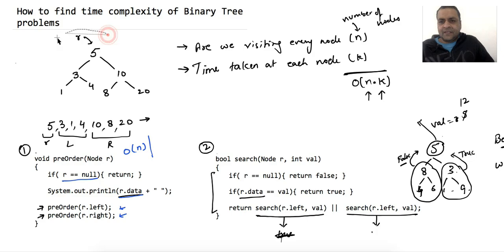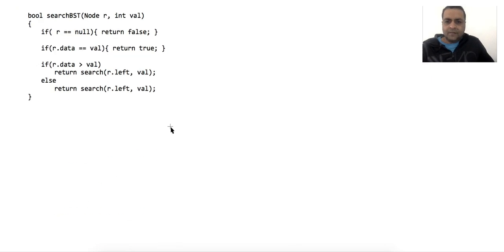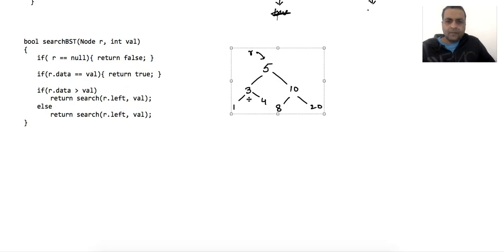So let's say we are searching in a binary search tree, and this is the binary search tree. If we are looking for 10, then first we compare the data of the root. So 5 is less than 10. We know that all the values in the left subtree are less than root, and all the nodes in the right subtree are greater than root.